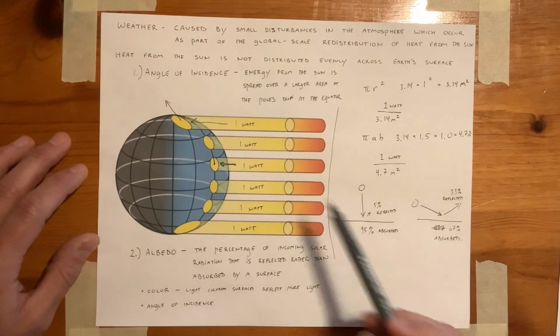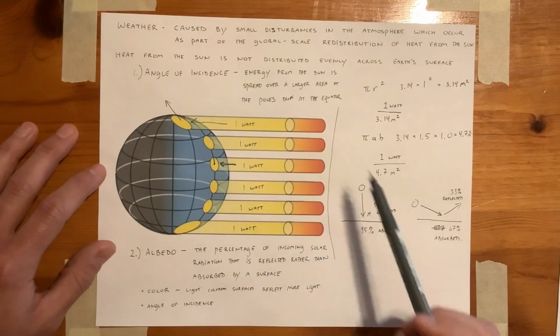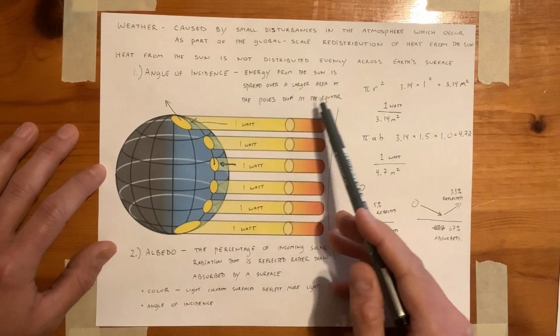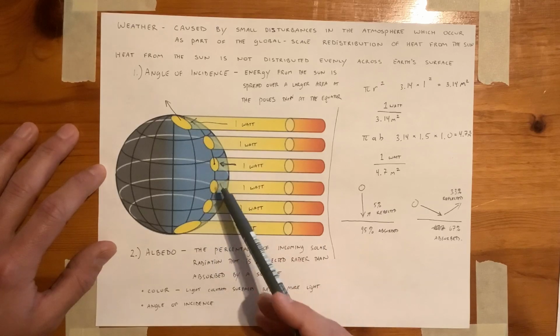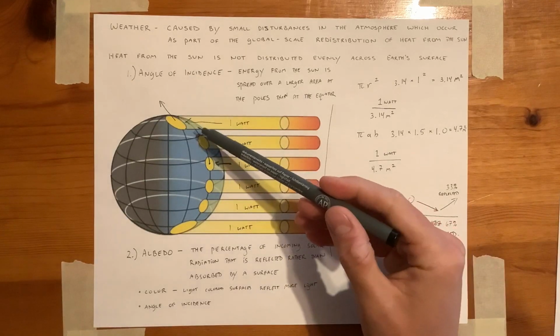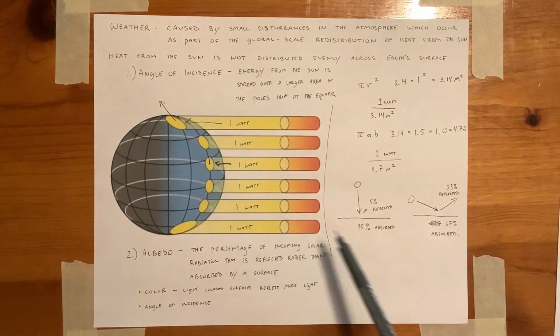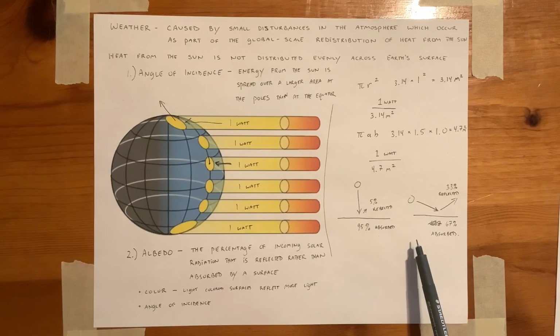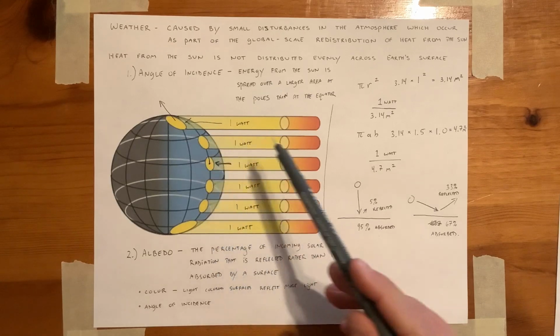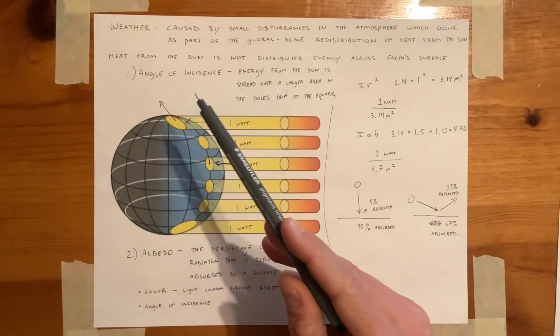Okay, there we go. So these two basic principles of the angle of incidence causing the energy from the sun to be spread out over a larger area at the poles than it is at the equator, and the idea of albedo, the idea that not all of the sunlight that comes in is absorbed by the Earth, but some of it is reflected, and more of it gets reflected at the poles because it tends to have this low angle of incidence, where the sunlight is striking the surface at an angle, just like skipping a stone on a pond.